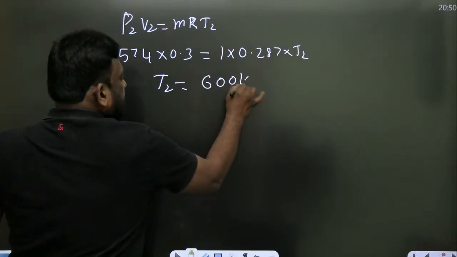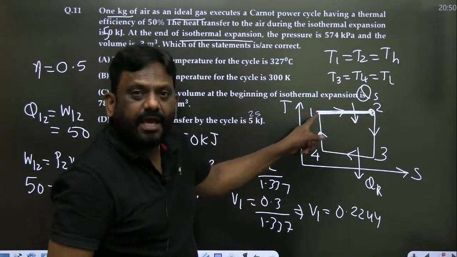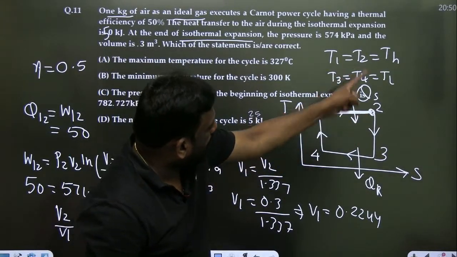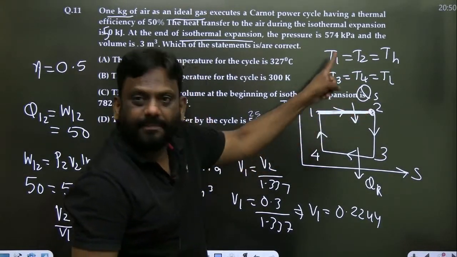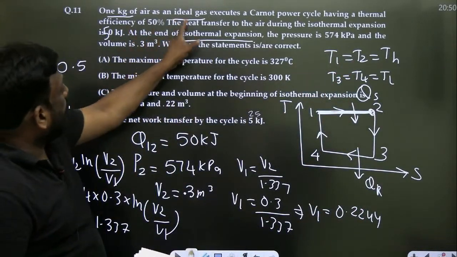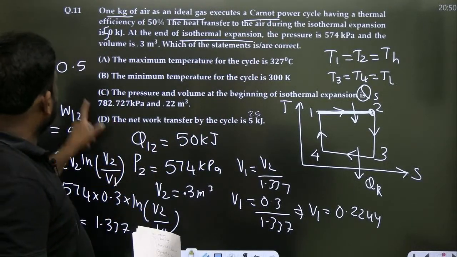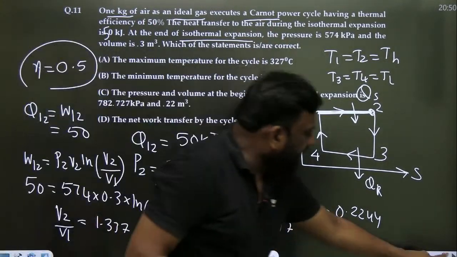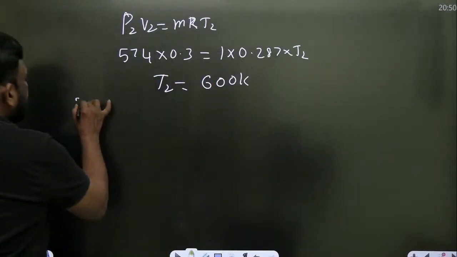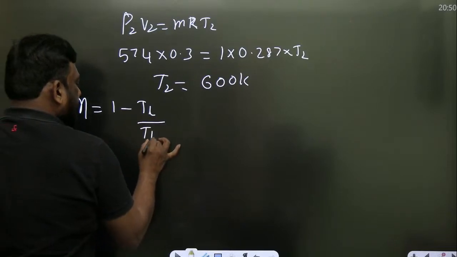आप बताइए सर, क्या ये T2 हायर टेम्परेचर है या लोअर सर? देखो T2 और T1, it is the higher temperature. Can I calculate lower? Yes, it is a Carnot cycle, and you know the efficiency is also given as 50%. So what is the efficiency of Carnot cycle? The efficiency of Carnot cycle is 1 minus T lower by T higher.